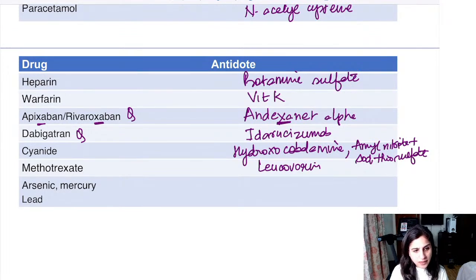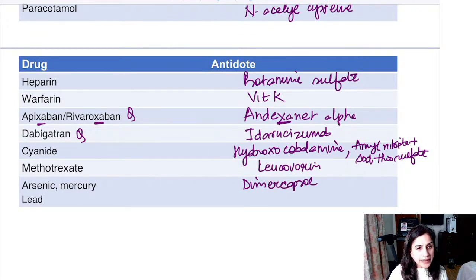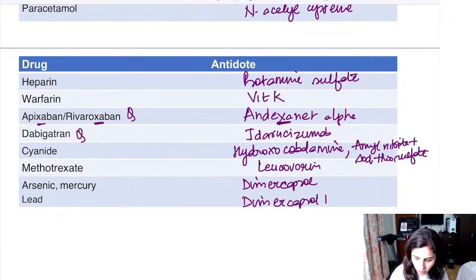Arsenic or mercury. For arsenic or mercury, we use dimercaprol. Arsenic or mercury, dimercaprol. Lead, we use dimercaprol plus calcium EDTA.